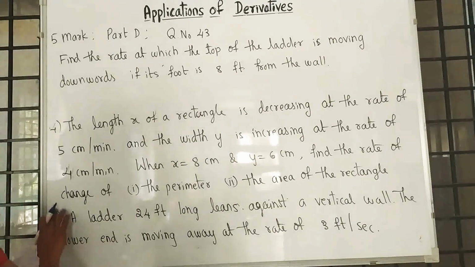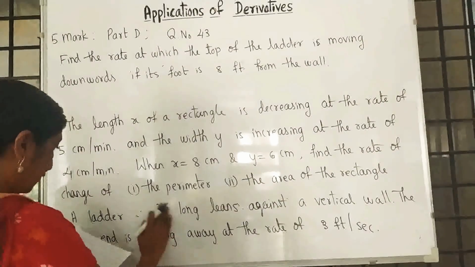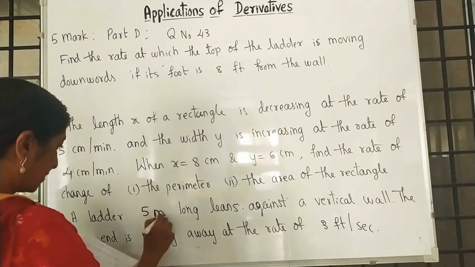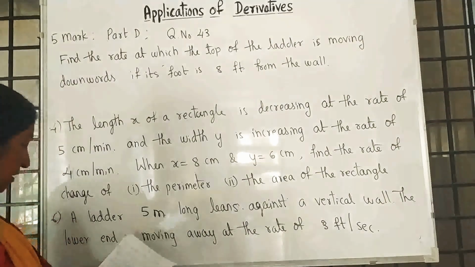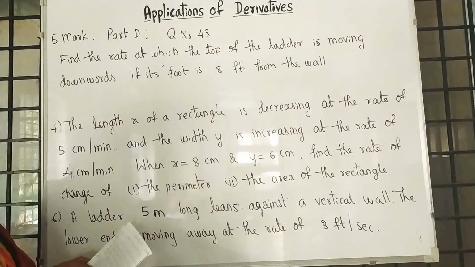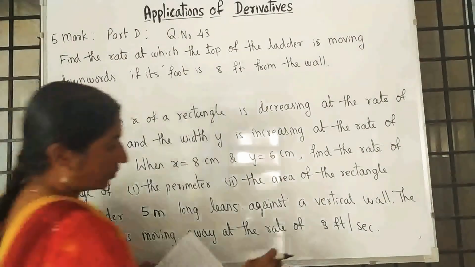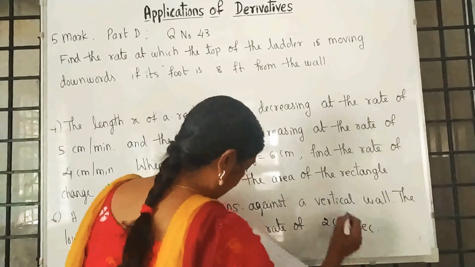Next, sixth question. A ladder 5 meter long leans against a vertical wall. The lower end is moving away from the wall at the rate of 2 centimeter per second.